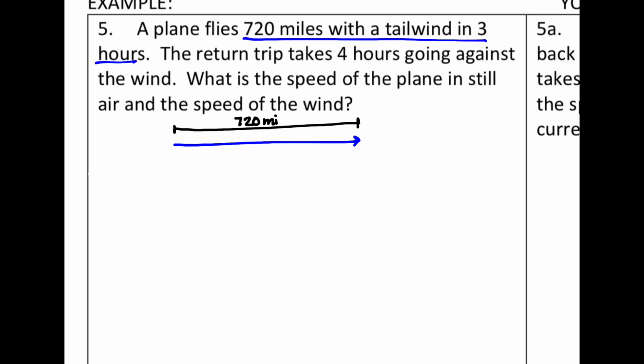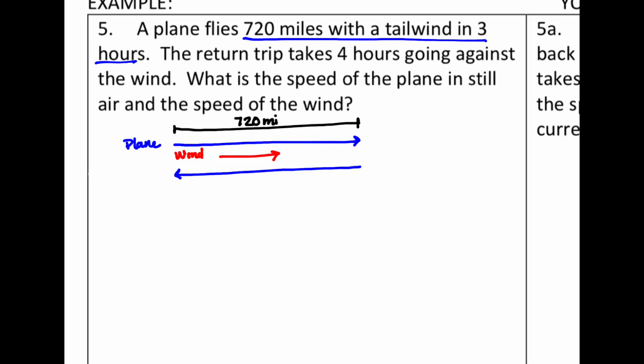Okay, so it's being pushed. So this is the wind, and this was the plane. Okay, the return trip, so we're going back again. You can see we're going against the wind. Okay, and that took 4 hours. Oh, yeah, it took longer.